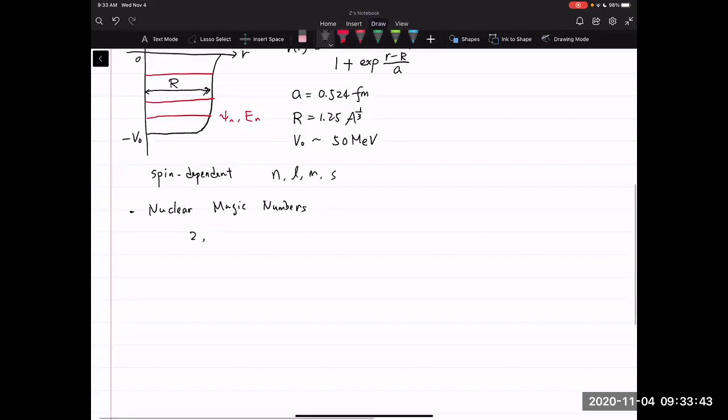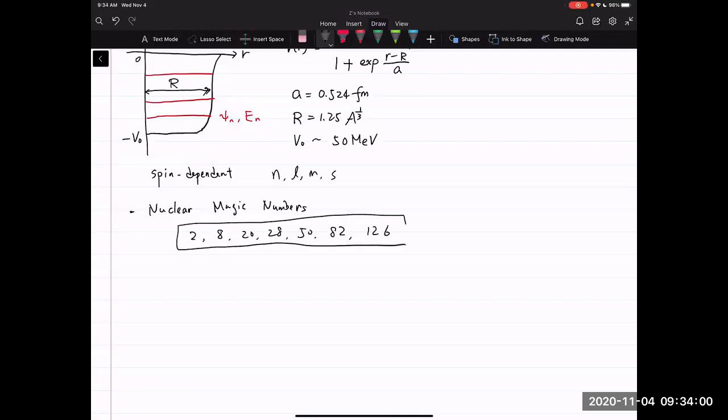Okay, so we have this 2, 8, 20, let's write down all of them, 28, 50, 82, 126. These are the set of magic numbers which give us the most stable nuclei. This set of magic numbers is not the same as in atomic physics because the interactions are slightly different.